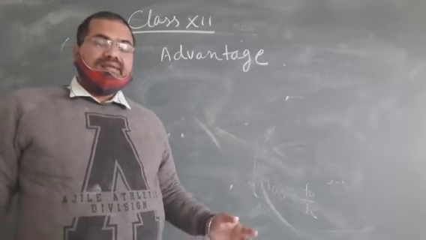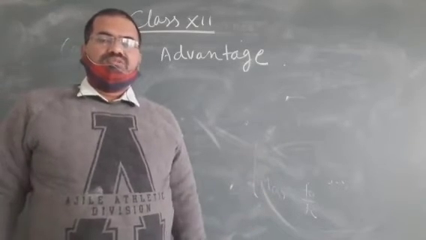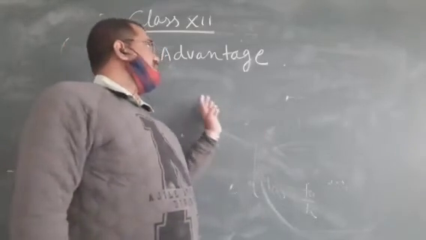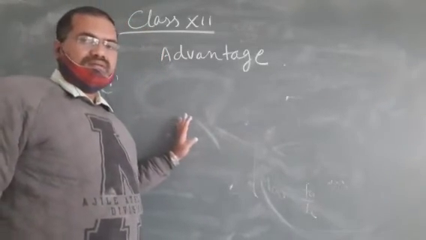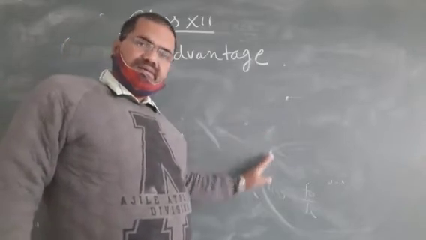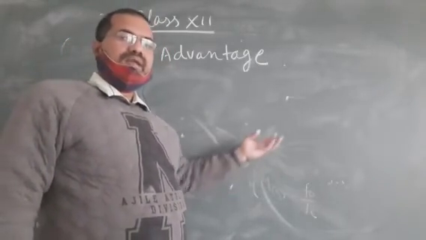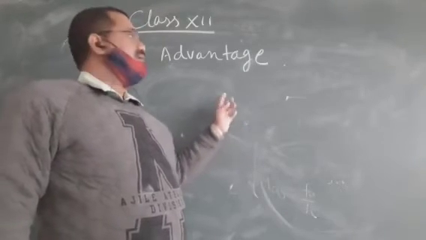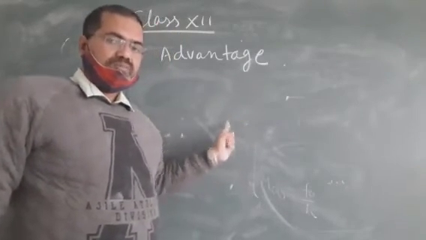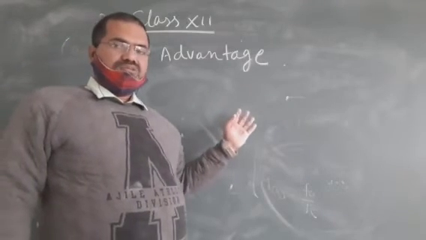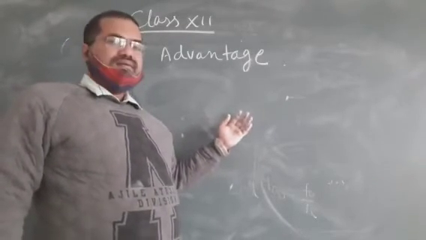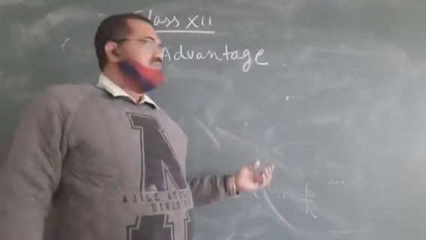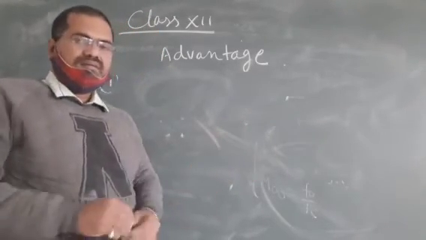So more light is gathered, so image will be sharp and clear. This is the first advantage. Objective is bigger, that is more light come from the object, and since aperture of the concave mirror is larger, so more light come to the objective mirror, so image will be sharp and clear.